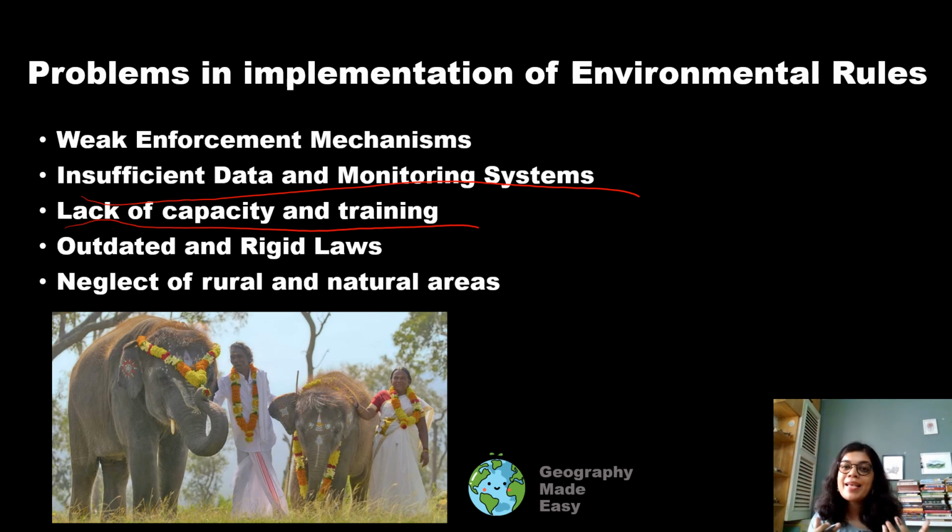And in many cases we tend to neglect these rural and natural areas because they are not part of our current politics. Because when we are talking about rules and policies, a lot of political intervention comes in. The ruling party, all the vested interests, they all come into the picture. So that is also something which has to be understood, that that plays an important role.